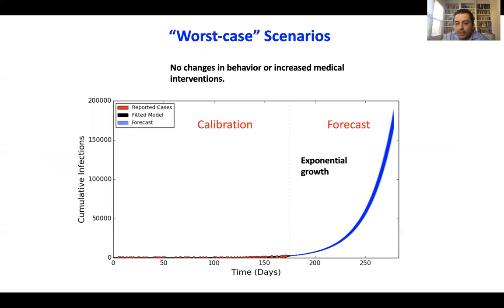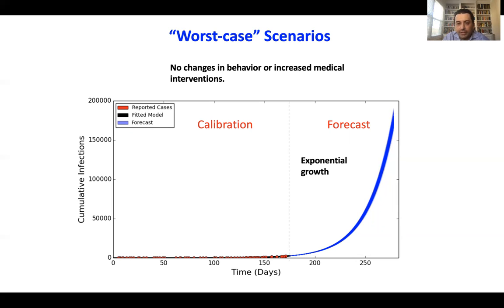Indeed, for the SIR model, if we are attempting to predict the early course of the epidemic, the trajectory will follow an exponential growth trend. And this is true for all of the SIR models in the absence of any type of intervention.